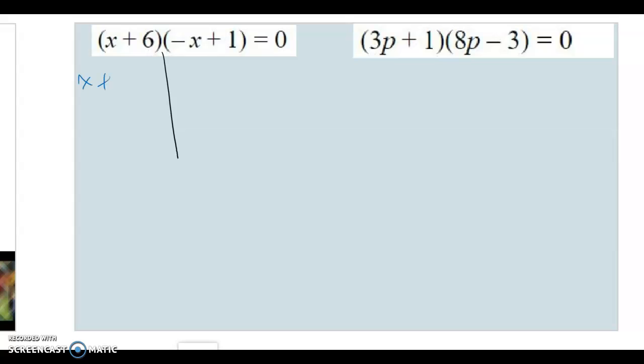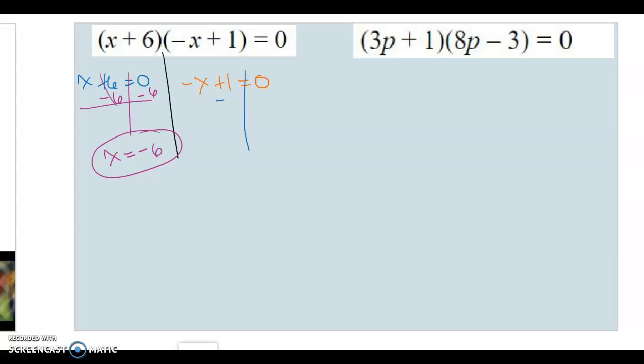So I have x plus 6 equals 0, and I also have -x plus 1 equals 0, because I want to figure out where it hits the x-axis. So on the left side here, the opposite of a +6 is a -6. So I know one of my answers is -6. If I put a -6 here, these are going to cancel, give me a 0. Whatever I get in here, it doesn't matter because it'll cancel and get 0.